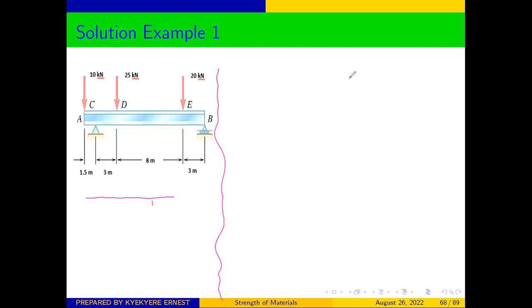So let me draw the free body diagram here so that I will draw the shear force and the bending moment diagram under it. It is mostly very good practice to do that.